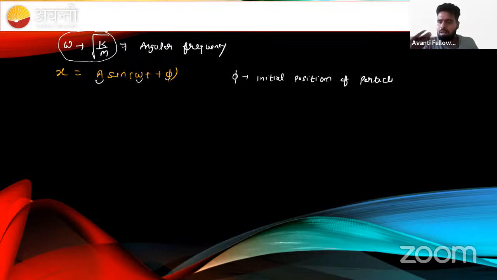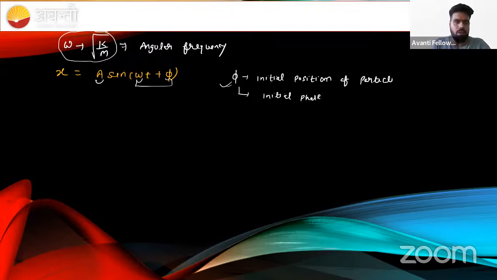What is the exact position of the particle from where it will start its motion? That is described by phi, the initial position of the particle, and this is known as the initial phase. And the complete omega t plus phi is known as the phase angle.